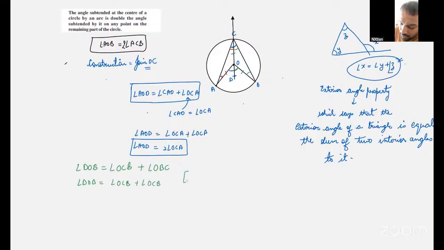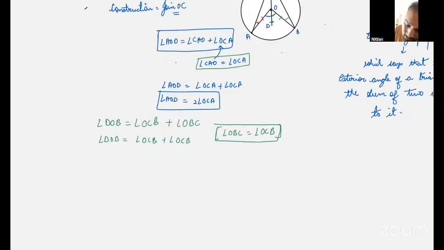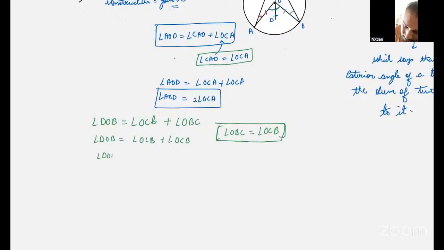Because angle OBC is equal to angle OCB, for the same reason, like the radii are equal. Got this? Everyone? So angle DOB can be written as twice angle OCB.